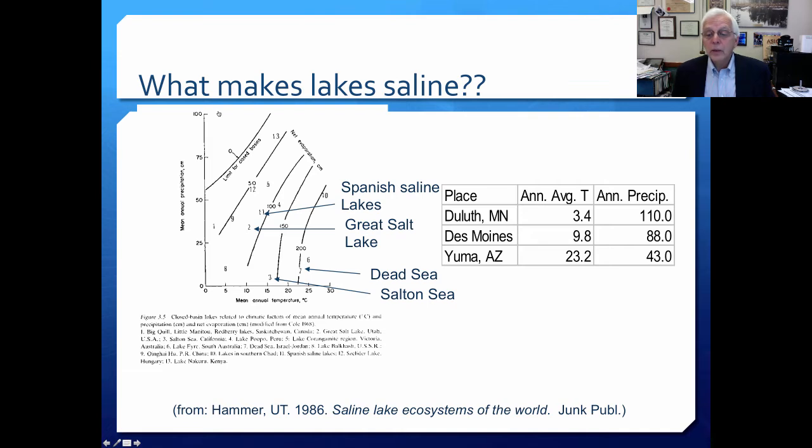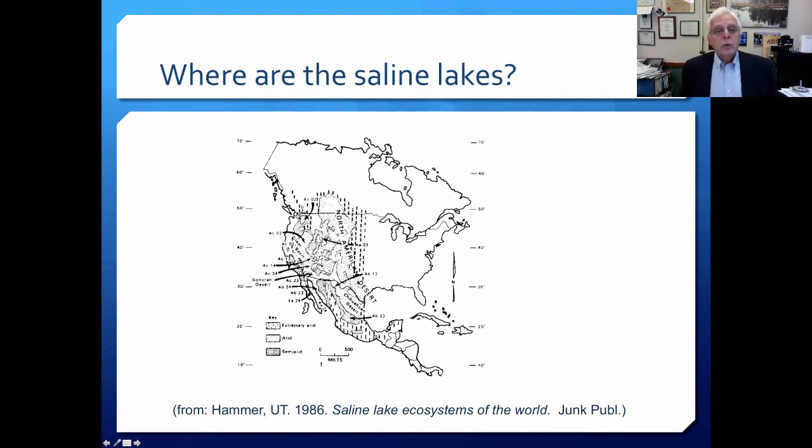Places like Des Moines, Iowa, which have higher temperature and slightly lower precipitation, will have a little bit higher salinity, whereas Yuma, Arizona, with a very high temperature out here at 23 and relatively low precipitation, any systems there that are closed basins will likely be quite saline, simply because of the balance between precipitation, temperature, and evaporation. So this can give you some sense of where, at least in North America, you might find saline lakes.